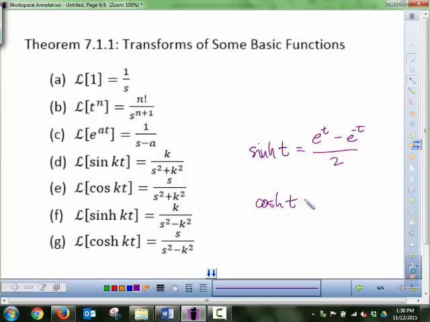The cosh function is e to the t plus e to the negative t divided by 2. So the sinh and cosh functions are just defined from the exponential function.